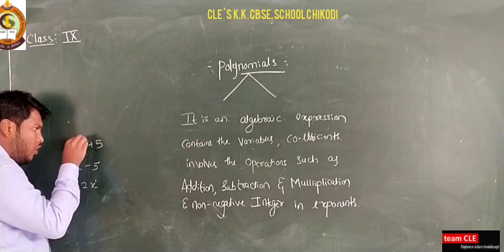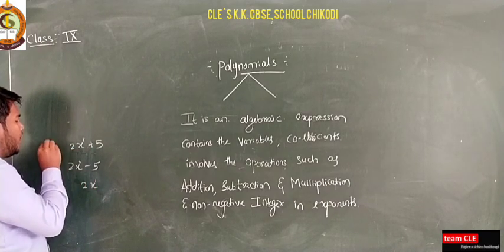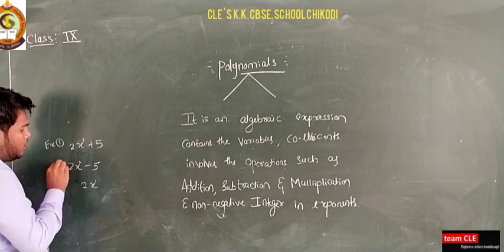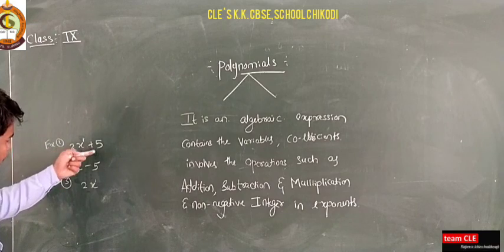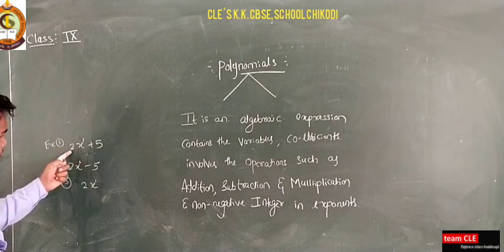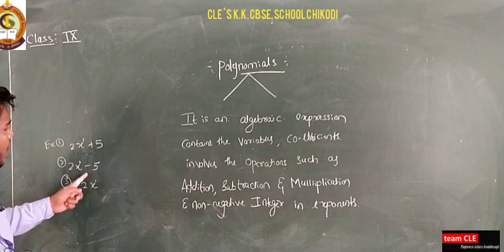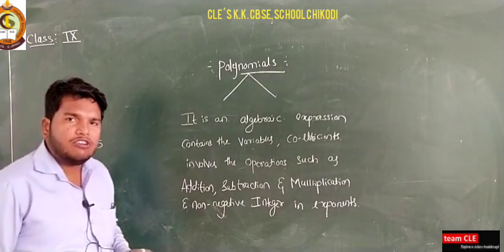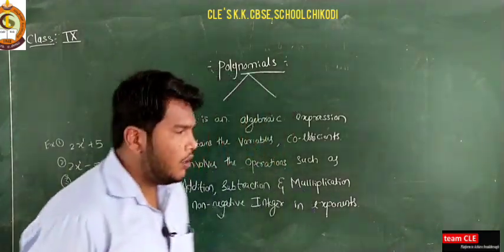So 1 is a non-negative integer in the exponents. So this is example 1, 2 and this is example 3. Okay, an algebraic expression containing the variables, coefficients, involving the operations addition, subtraction, multiplication with non-negative integer exponents is called a polynomial. So this is the definition for polynomials.